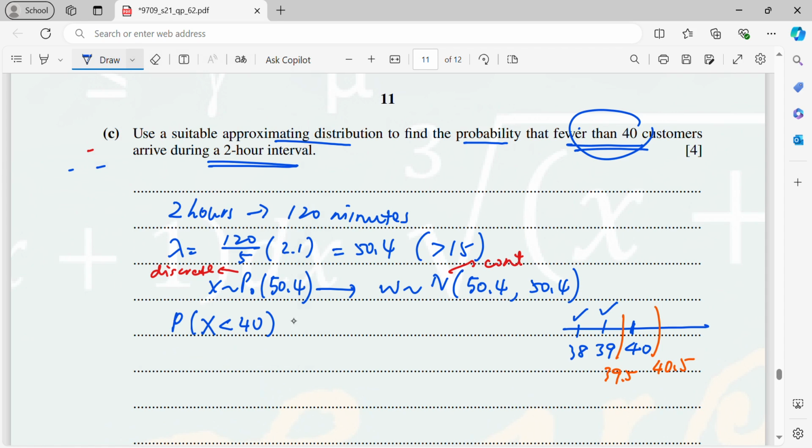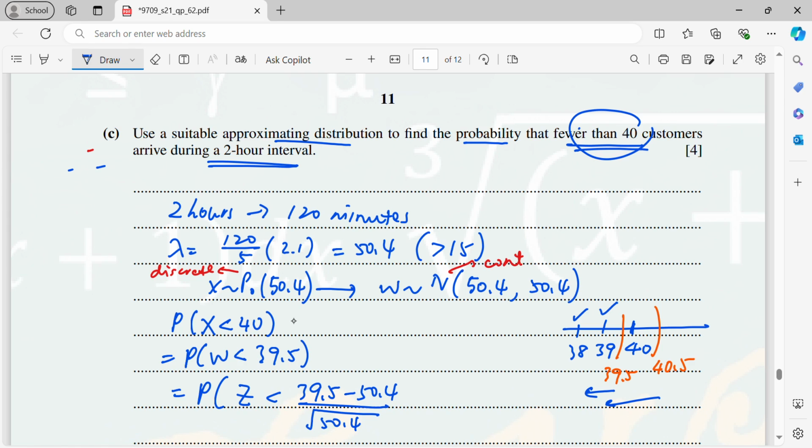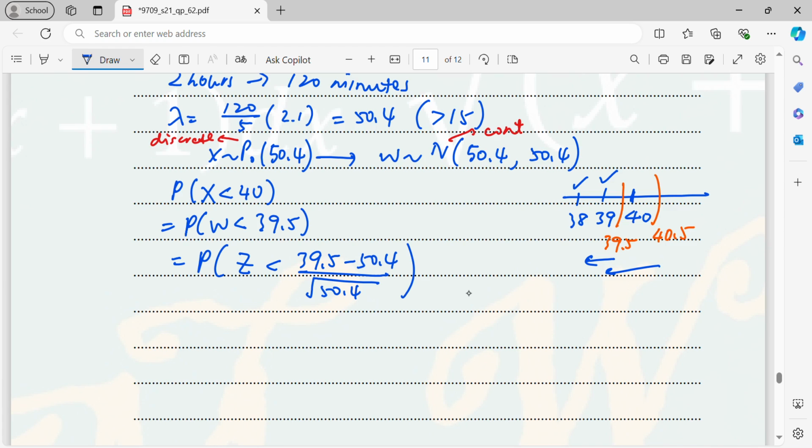So less than means I will choose less than 39.5 to include the 39. Then you standardize: 39.5 minus 50.4, the mean, over the standard deviation, which is the square root of the variance. Then it is going to be P(Z less than negative 1.535).